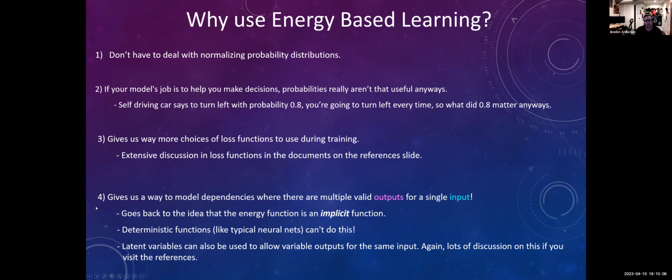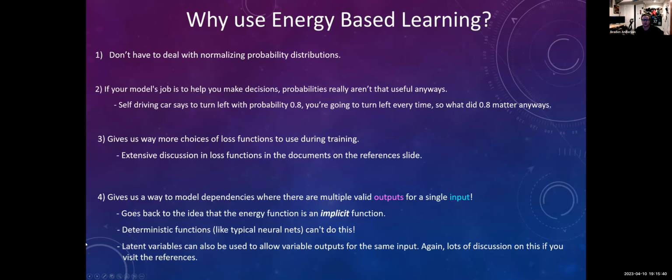And the last is also something I really wish I would have been able to cover in more detail, but it's this concept of there are circumstances where it may be valid to give multiple correct answers to one input. A common example that Yann likes to talk about is video prediction. So if you're building a video compression system and you need to be able to predict the next frame, there could be multiple next frames that are valid for a given current frame, right?